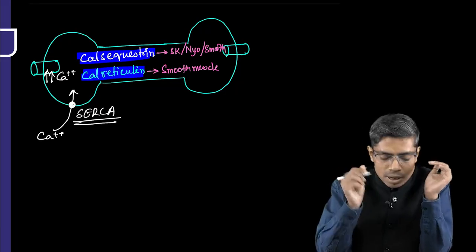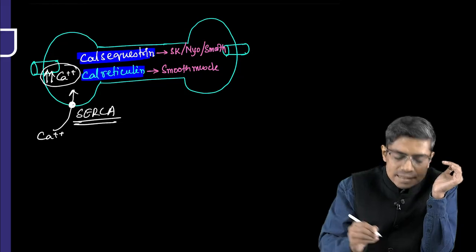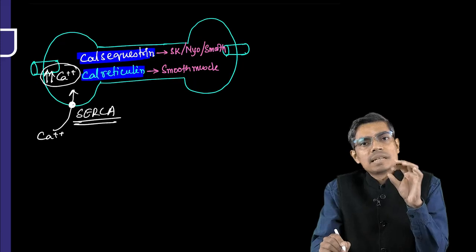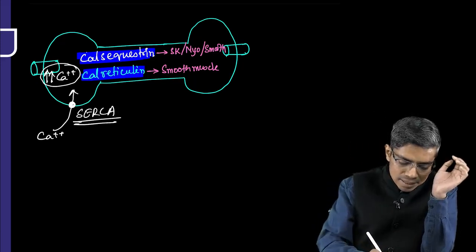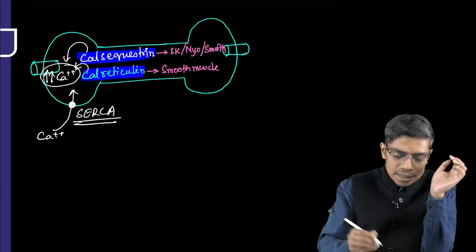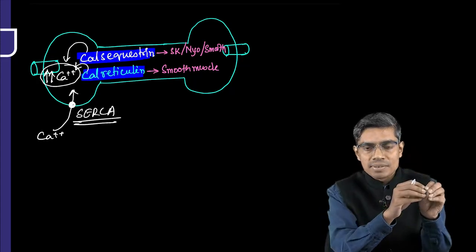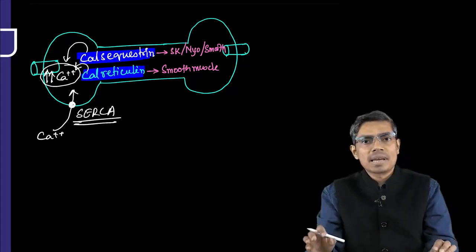So what I have to do? I have to reduce the free calcium concentration inside the sarcoplasmic reticulum. Calsequestrin and calreticulin bind with calcium and convert the free calcium into a bound form of calcium.